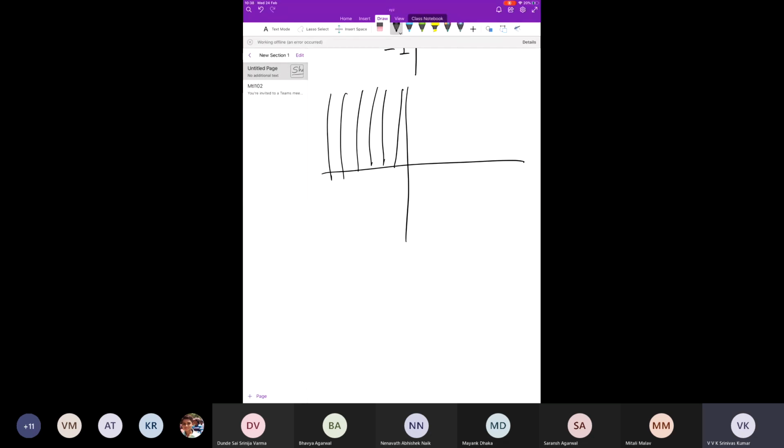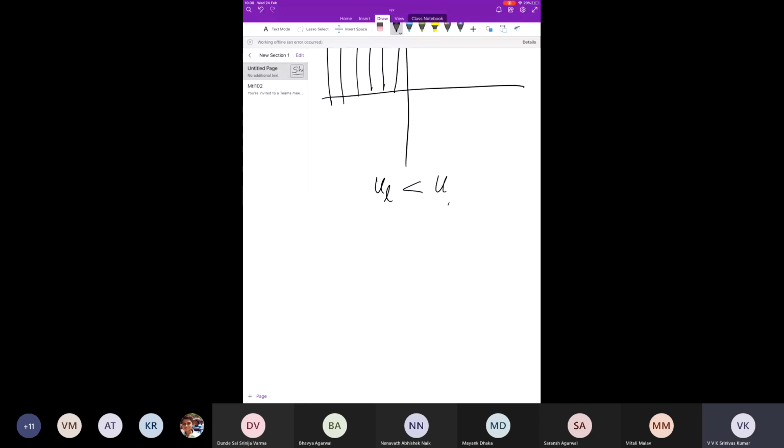Okay. Now let us go to problem 3 again. Problem 4. Because UL is the left-hand velocity and UR the right-hand velocity, what will happen? UL is less than UR, so we'll have to find the continuous solution.